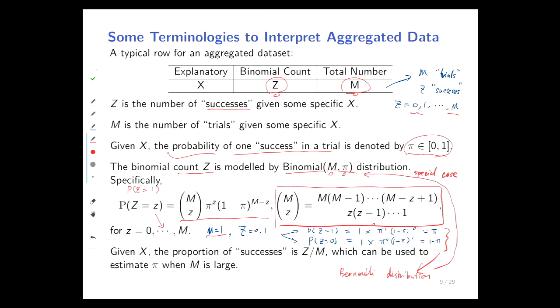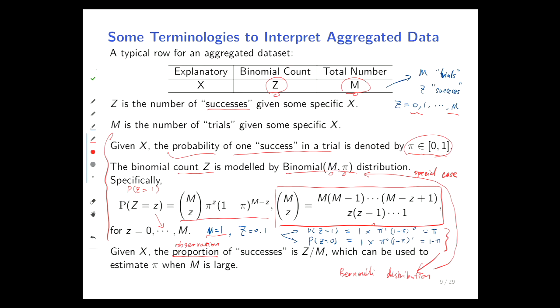Basically, it gives us a way to model the probability of the binomial count z, or the number of successes z. That's the model part, and we need to involve this in our modeling. Another observation is that we can compute the proportion, which is not probability, because usually when we talk about proportion, it means something from the observation.